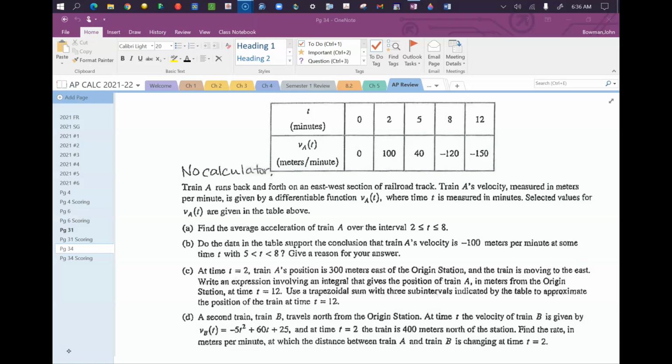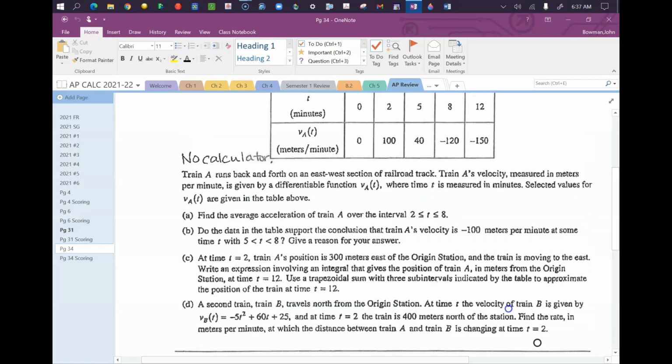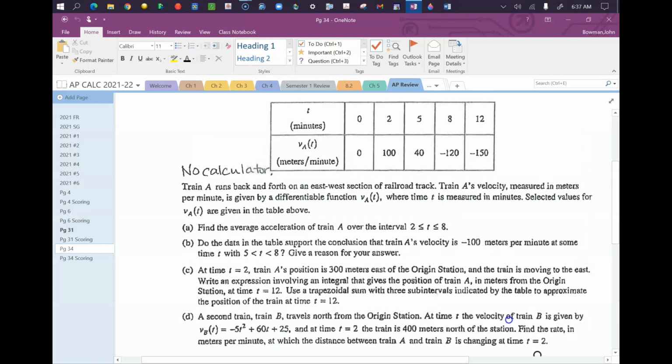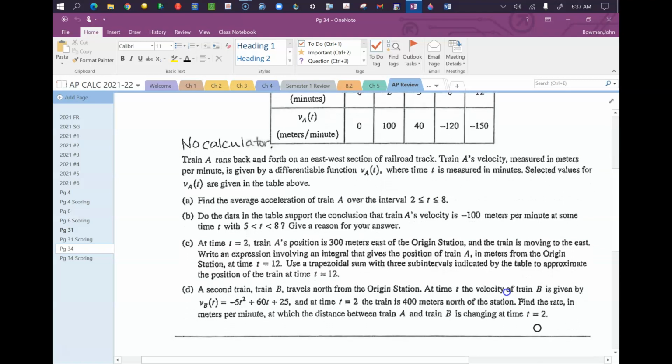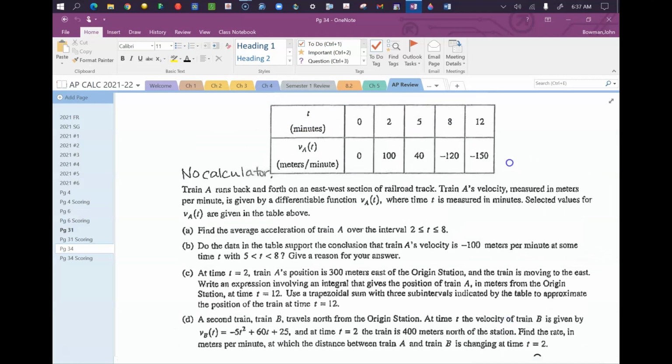Part A, find the average acceleration of the train A over the closed interval from t equal 2 to 8. The average acceleration is going to be the average rate of change of velocity. So that is going to be the slope of the secant line.